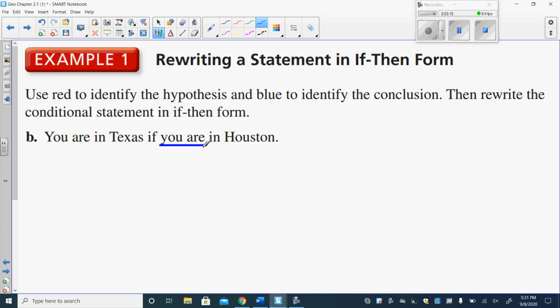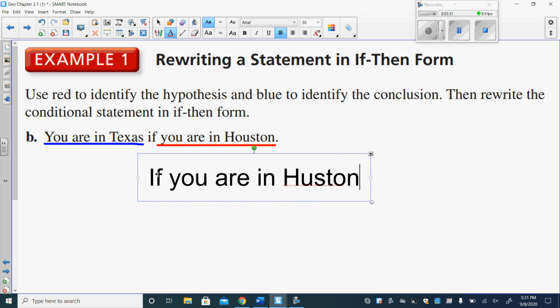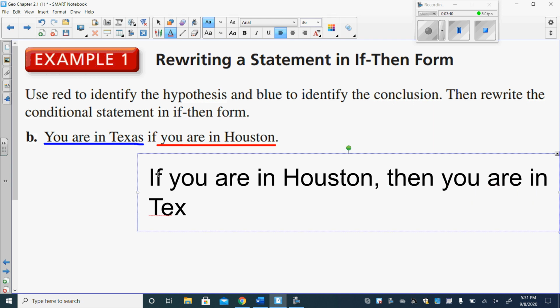So if signals the hypothesis. If you're in Houston, then what? You are in Texas. So we just have to reword it a little bit. If you are in Houston, then you are in Texas.